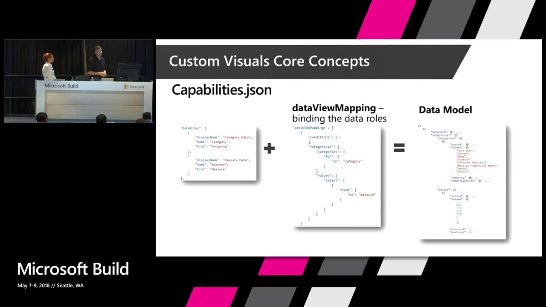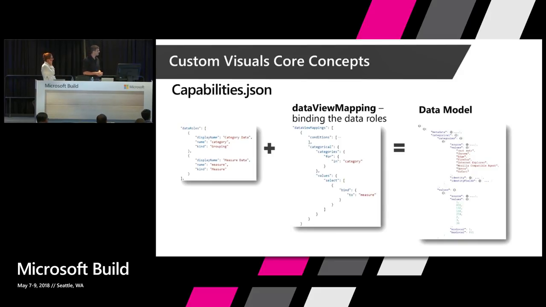And the third is kind of the glue that binds them together, and that's the data view mapping. Data view mapping is defining how the categories will be related to the measures. So you can define which of the categories will be bound to each of the measures and how. There's a long list of capabilities there.